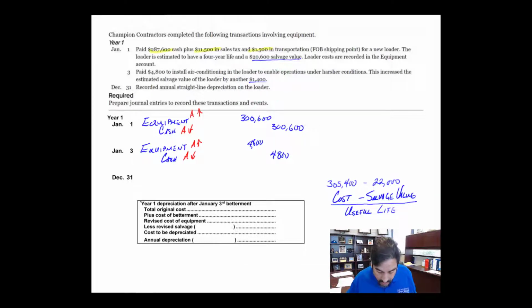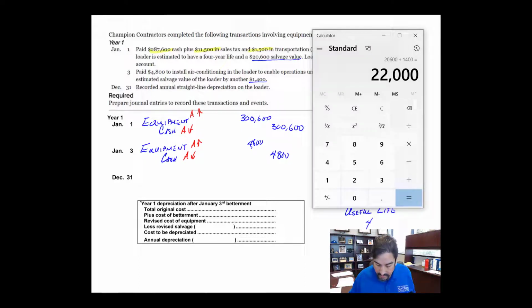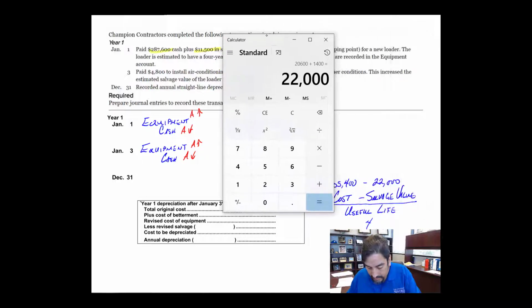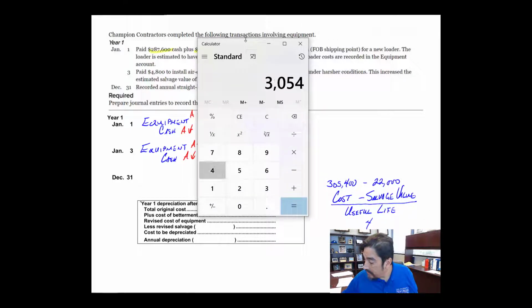Over the useful life, 4 years. So let me work that math. 305,400 minus 22,000 divided by 4. 70,850.